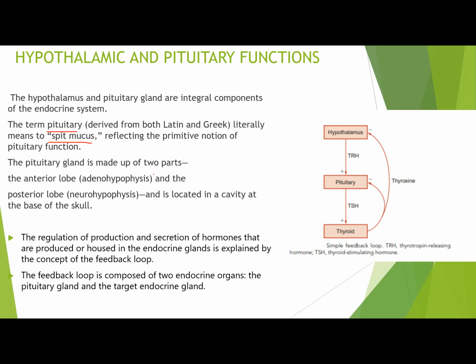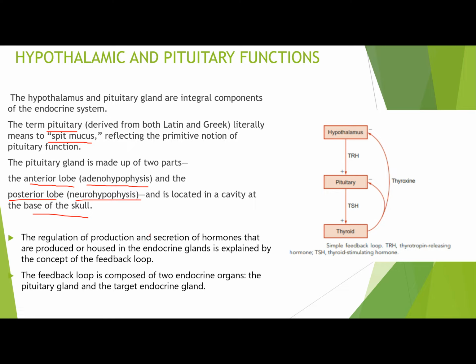Your pituitary is divided into two parts: the anterior lobe or anterior pituitary gland, also known as the adenohypophysis, and the posterior pituitary gland, also known as the neurohypophysis. These are located at the base of the skull, class. So remember that there are two parts: the anterior pituitary gland and the posterior pituitary gland.